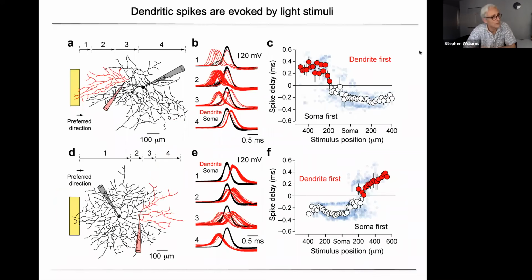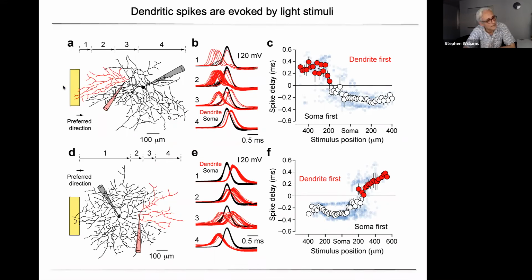And what we saw quite spectacularly is, as light enters the dendritic arbor, we can record action potential firing from the soma and also what is occurring in the dendrites with a dendritic recording electrode.